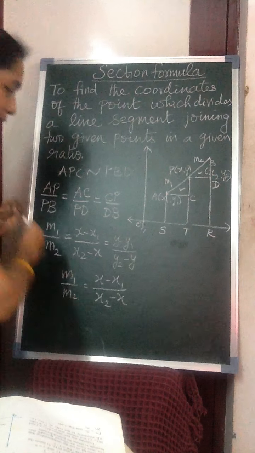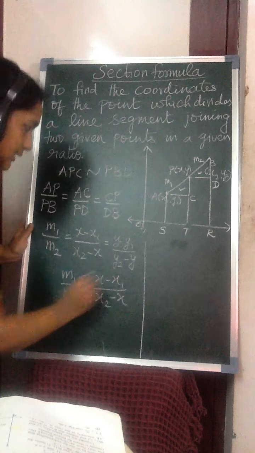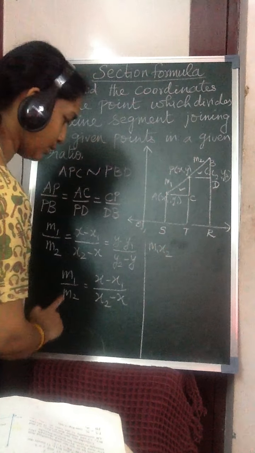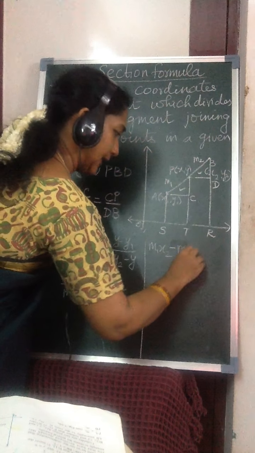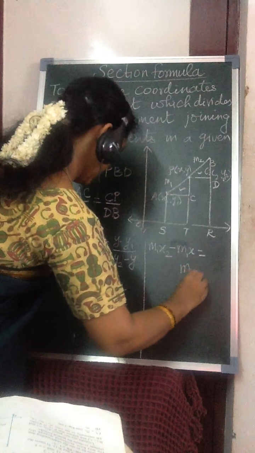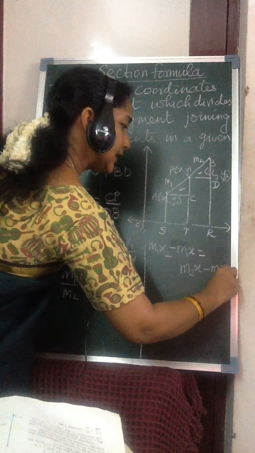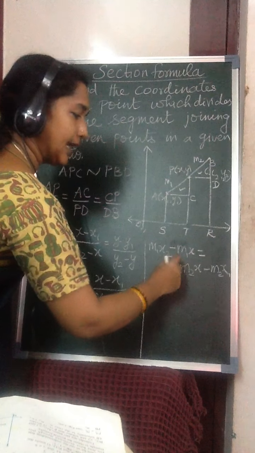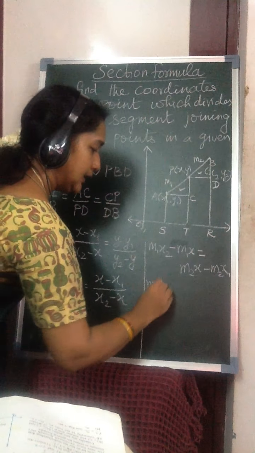When I cross multiply, I will get M1x2 minus M1x is equal to M2x minus M2x1. Now you take the x value to one side and the other things to the other side.